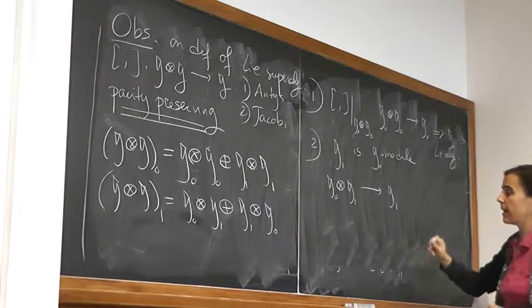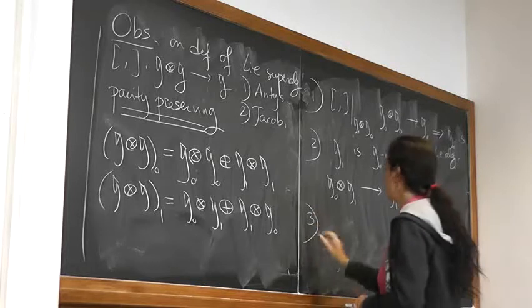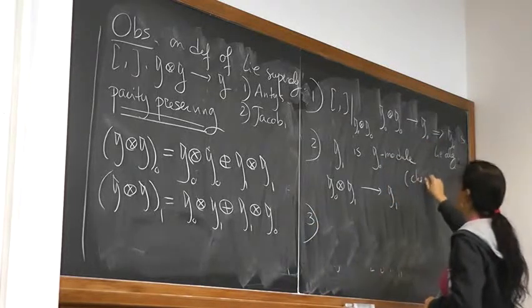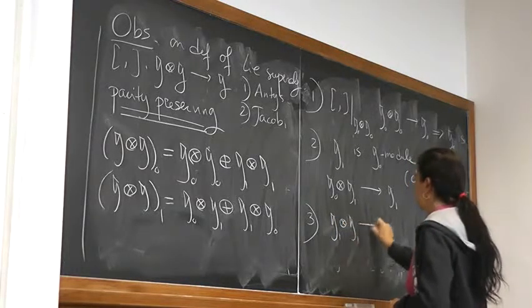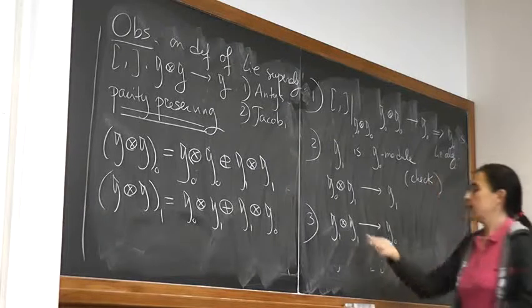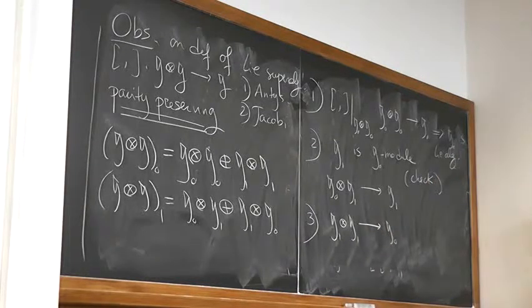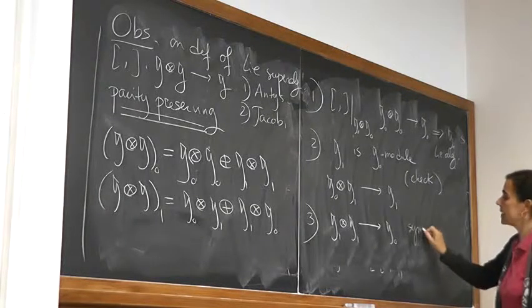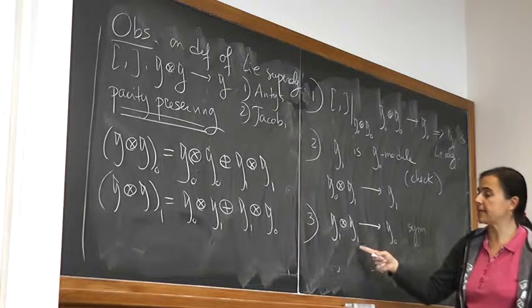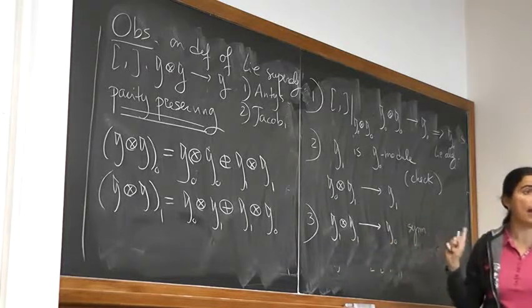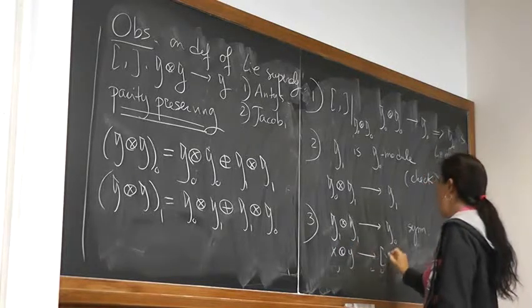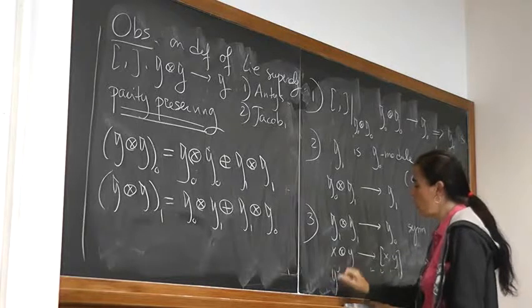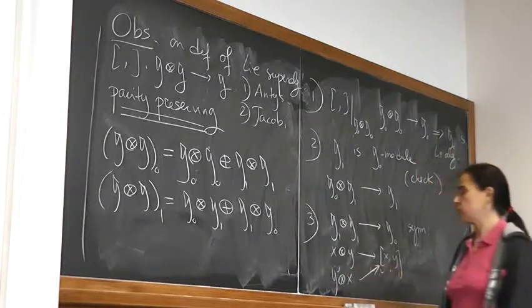So we have also this, and this map is symmetric, which means that the image of xy is the same as the image of yx, because that's a bracket, right? So x times y goes to xy, but also y times x goes to xy.